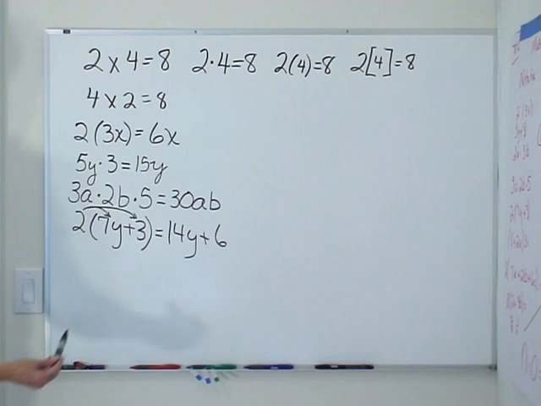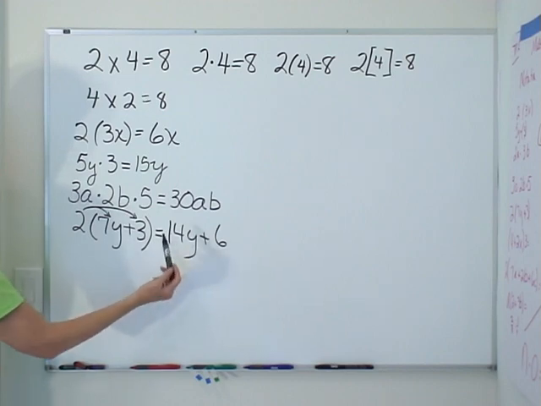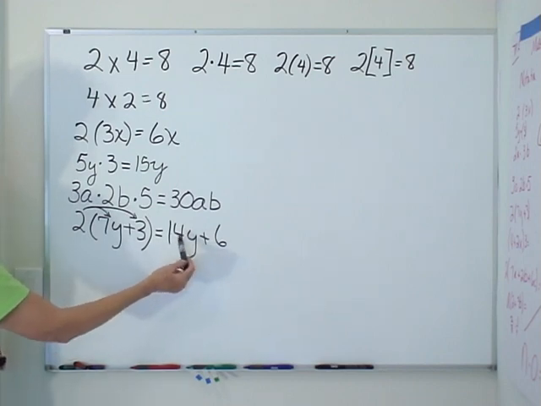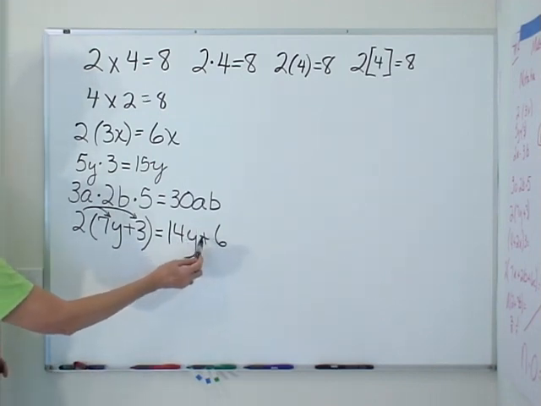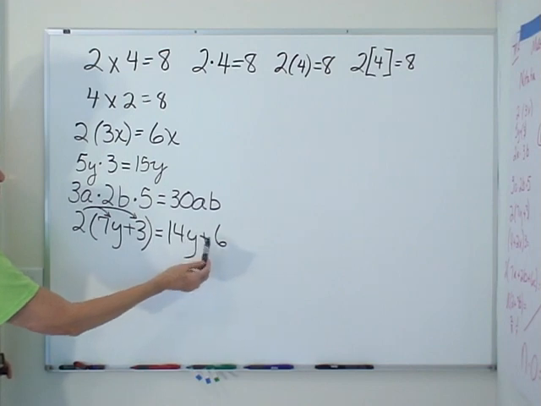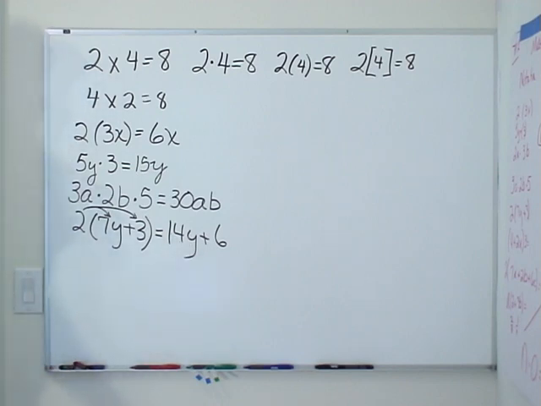Always, always take a look at your answer to see, is there any way I can reduce this, simplify this, add, subtract? Is there anything I can do to this to make it better? And no, there is not, because I'm into adding now, and I cannot add 2 terms that aren't alike. This is a constant term. This is a y term. I can't add those.